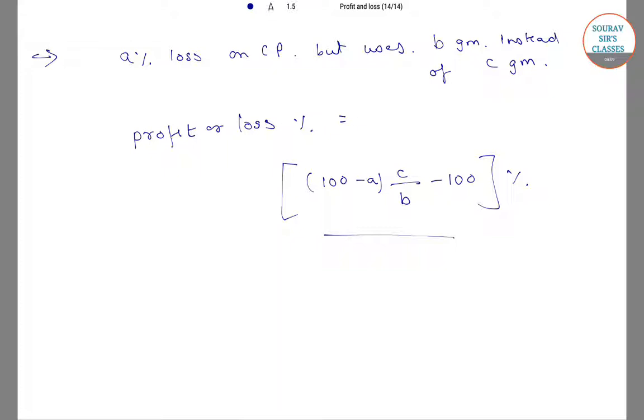The sign of this value will determine whether there is a profit or loss.